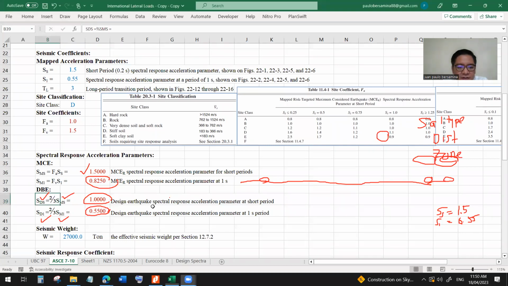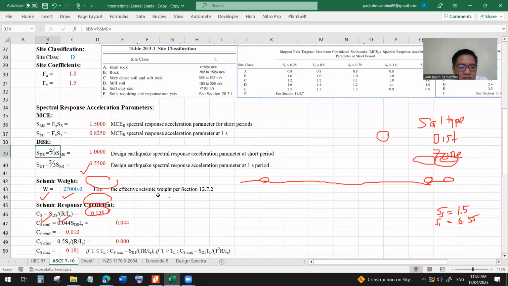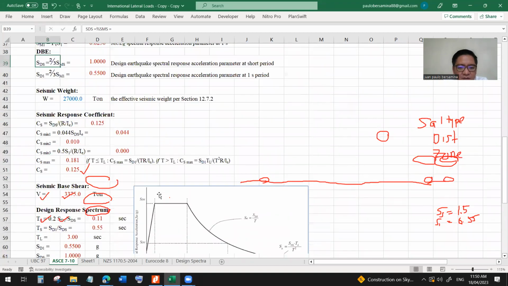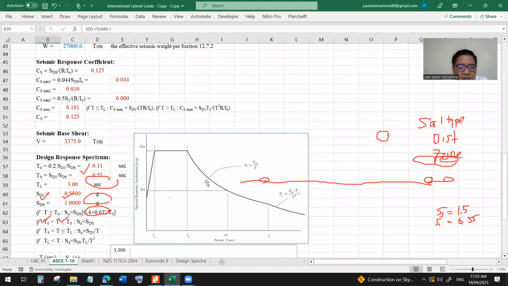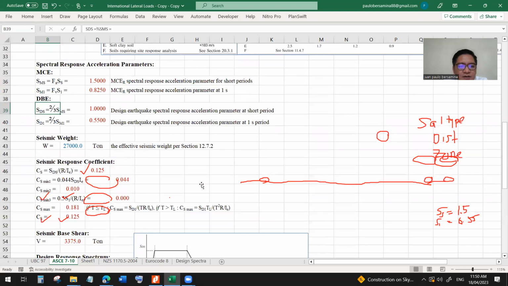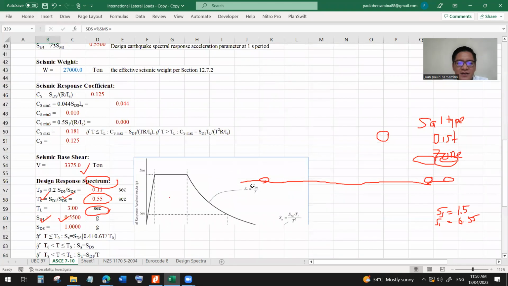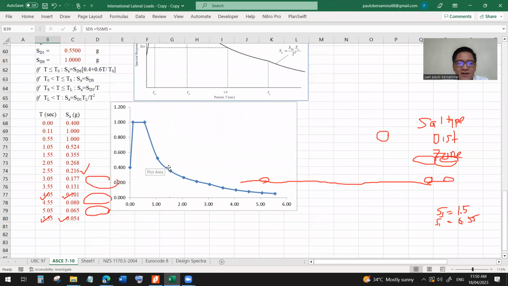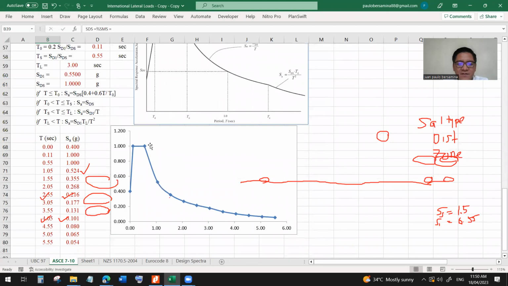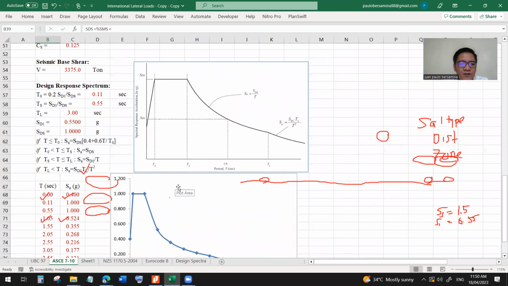Okay. So, SDS is 1. Bakit 1? Yan. So, yun na yung pinaka-response spectrum. Ito siya. Yan yung response spectrum.